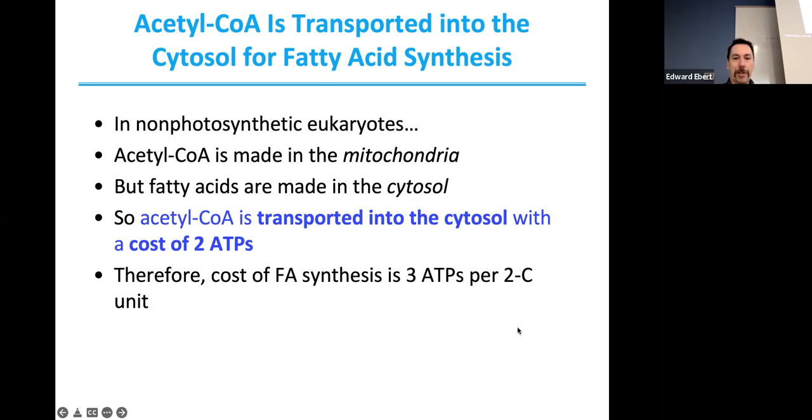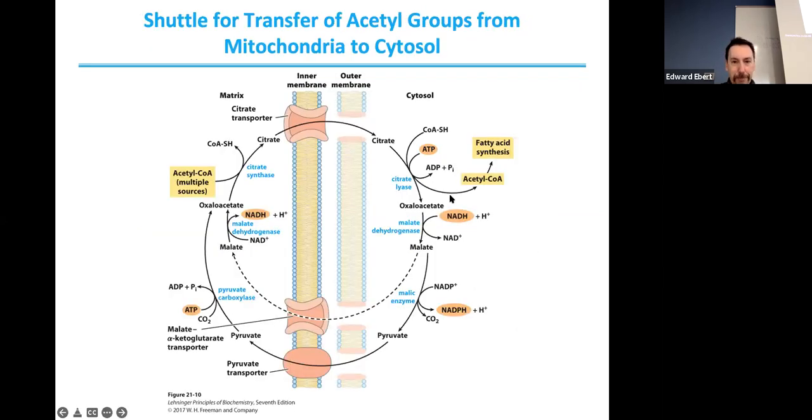All right, so let's take a look at what's actually happening here. We have our matrix on the left-hand side, our cytosol on the right-hand side. We make our acetyl-CoA in the mitochondria, and then citrate synthase converts it to citrate. We transport that out. Our citrate is converted to oxaloacetate, and then our oxaloacetate to malate.